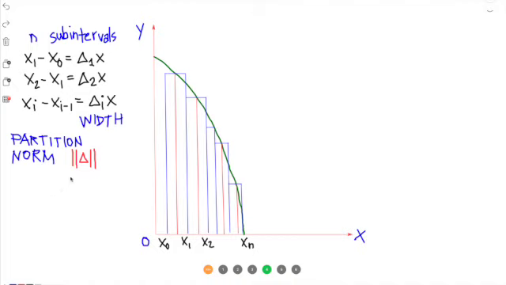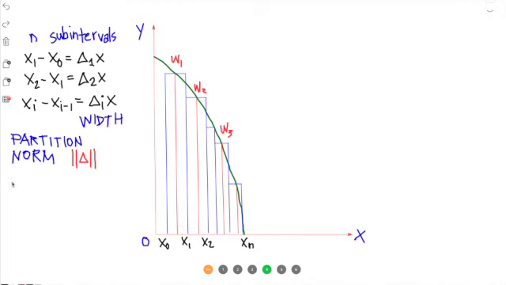So for the length, as the number of subintervals is decided by us, we can choose a point here which is arbitrary, and let's call it w sub i. For the first rectangle that would be w1, the next one would be w2. If you can recall, this would be the same as c sub i from our previous limiting process.